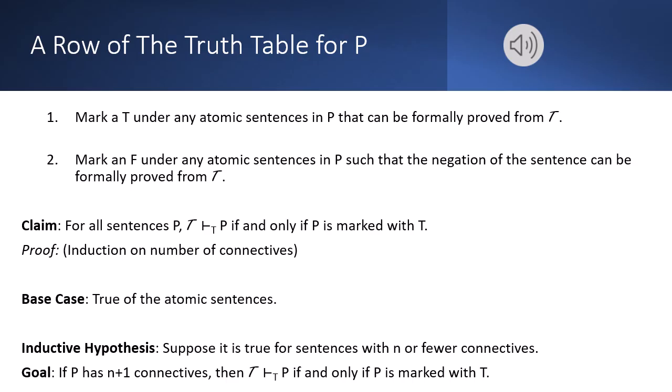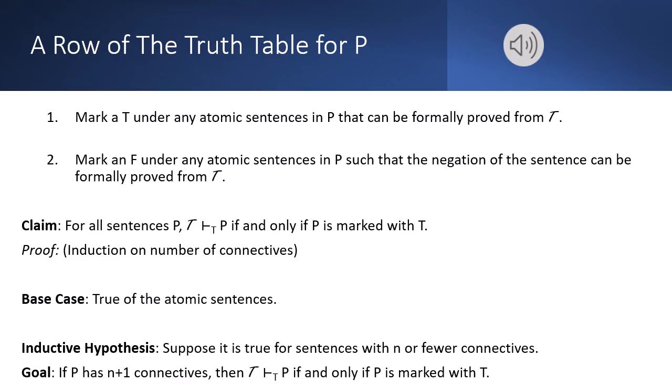Now, to prove the full claim, we'll first assume this inductive hypothesis. We'll suppose that it's true for sentences with n or fewer connectives. And our goal will be to show that if P has n plus 1 connectives, then the result holds.